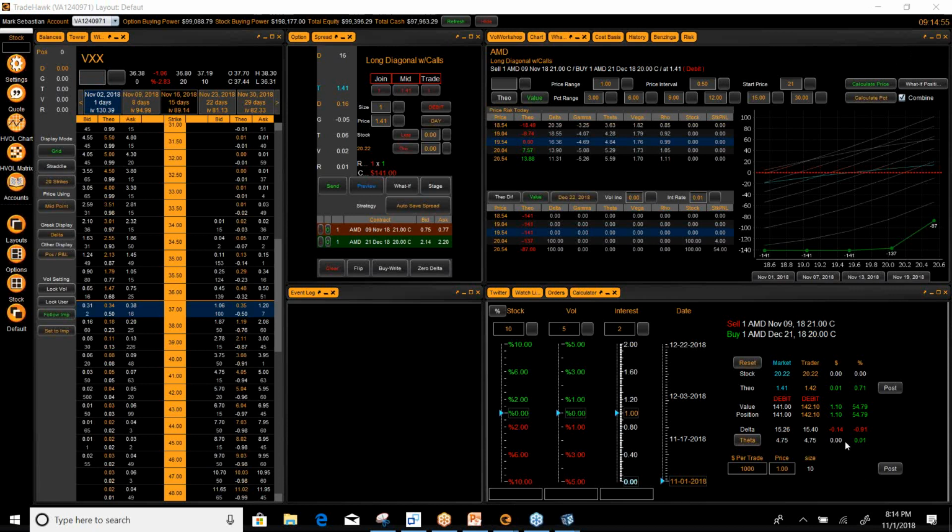So I can at least mitigate my volatility risk on a diagonal if I'm picking the right spots. You have to be thoughtful when you're setting up diagonals. If you're not looking at implied volatility, you're not doing it right. You are not going to make money long term if you're not paying attention to implied volatility.